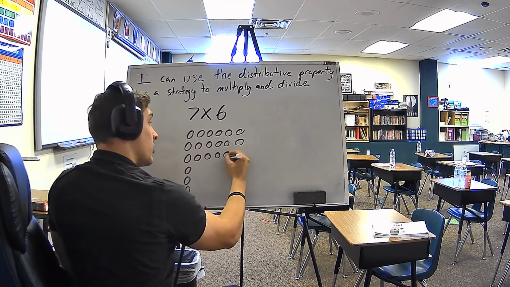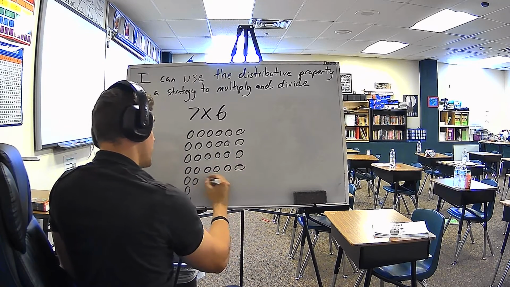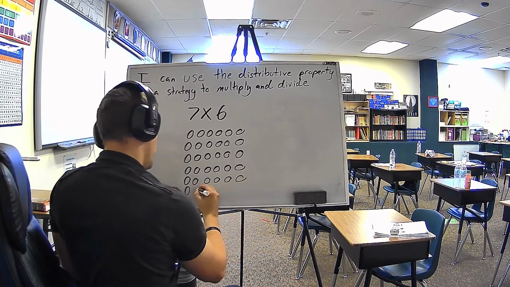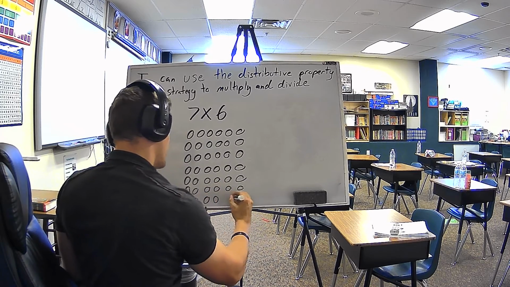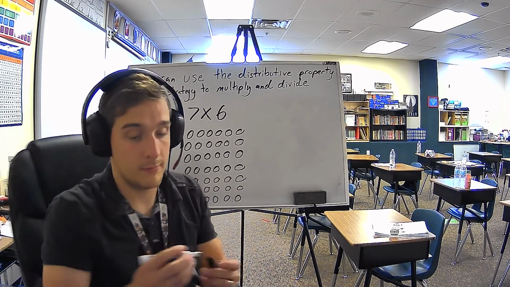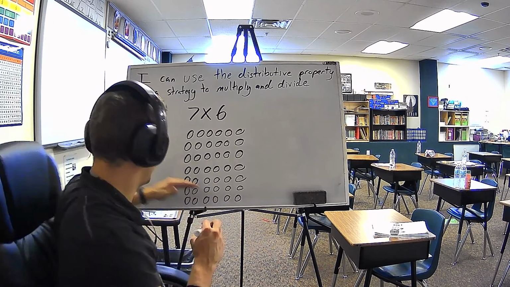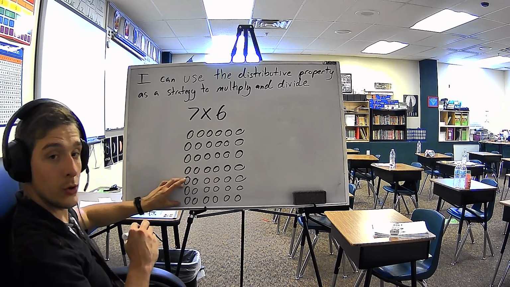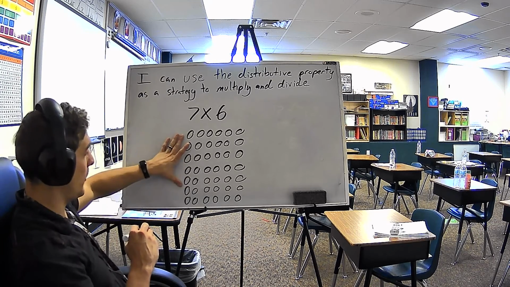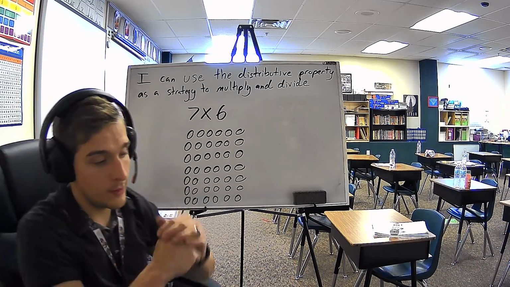Hopefully this is looking familiar because we've done this plenty of times before, and I want to make sure we remember what an array looks like. So far we haven't done anything different. Now, in the past, we would split up the groups. We would cut it right here and say that's 5 groups of 6 plus 2 groups of 6. So it would be 5 times 6 plus 2 times 6, and you do it that way.